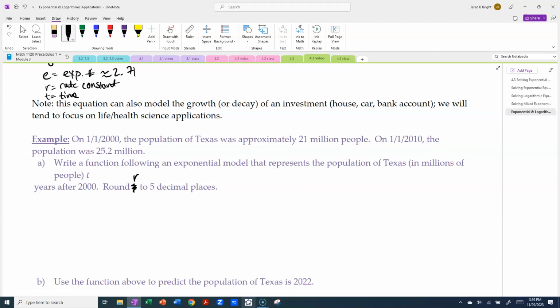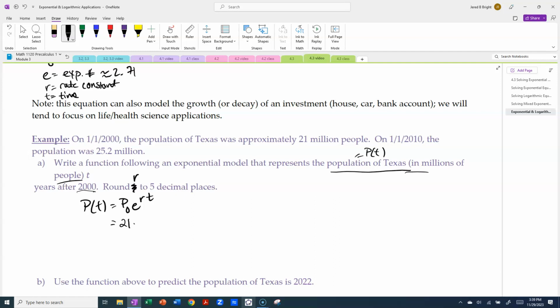All right, so what I'm going to do is begin with my basic model. P of t is equal to P sub 0 e to the RT, and here P naught would be the population of Texas at our starting time, which would be year 2000. So in this case, it would be 21 million, but again, it says population in millions. So I'm going to define the population of Texas in millions of people as P of t.